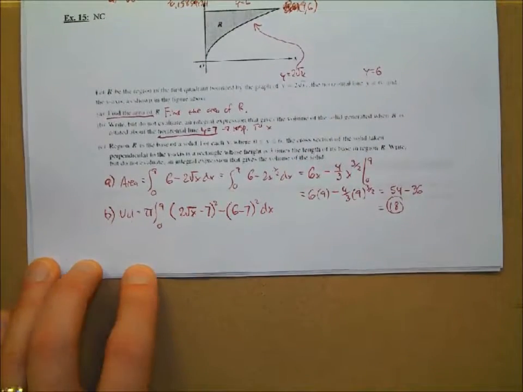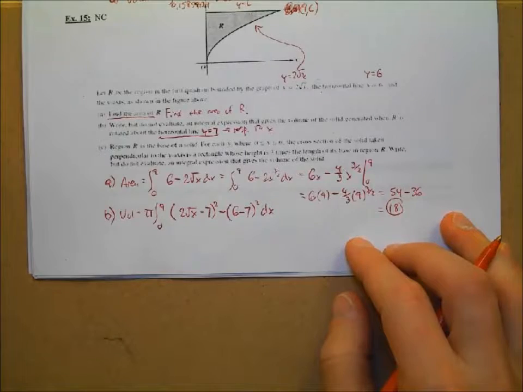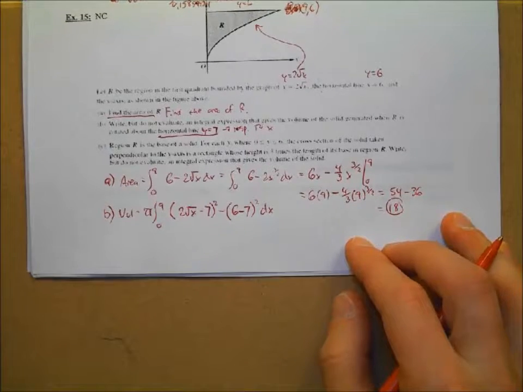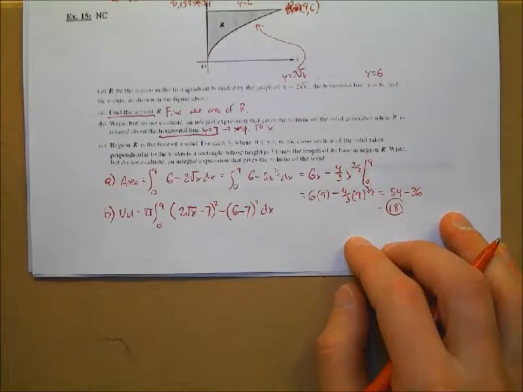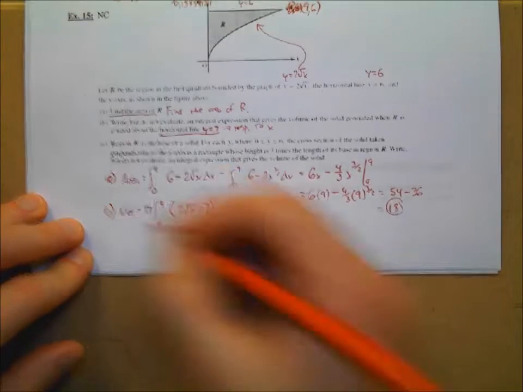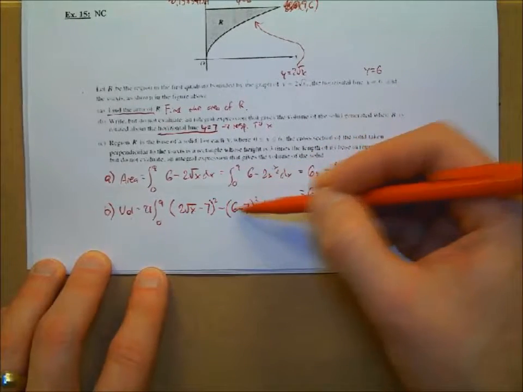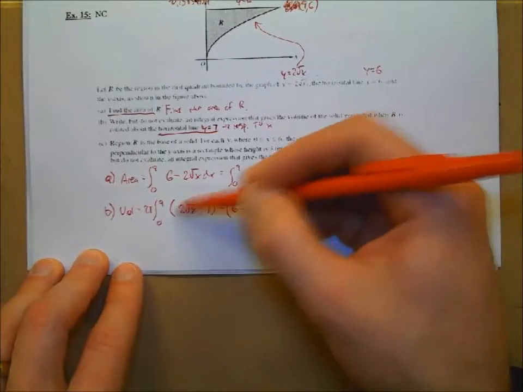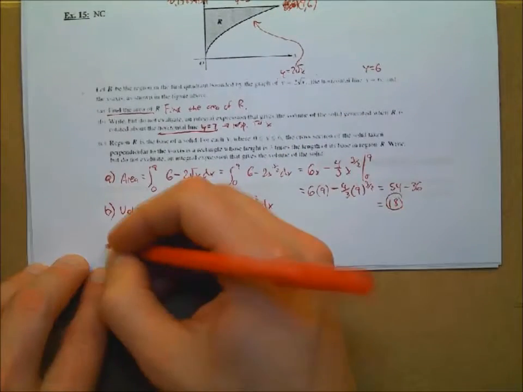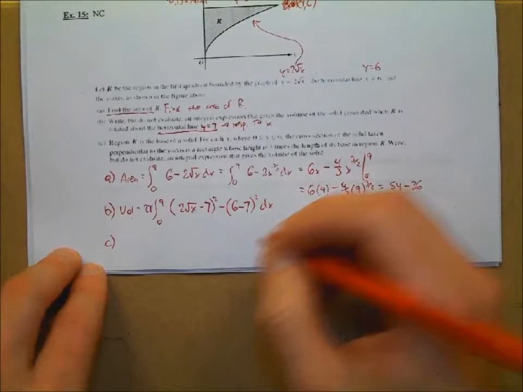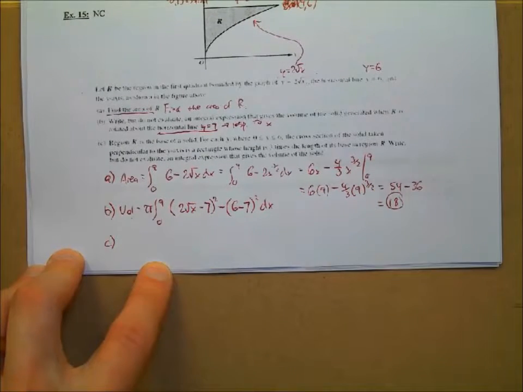I'm just going to set this one up. If you were to solve it, you'd have to FOIL this out: 6 minus 7 is negative 1, squared is 1, so that's not too bad, but we're not doing that because we don't have to.